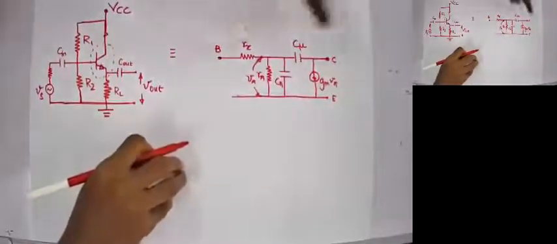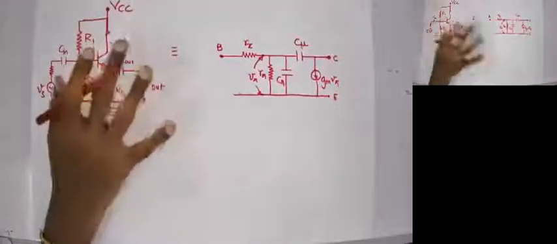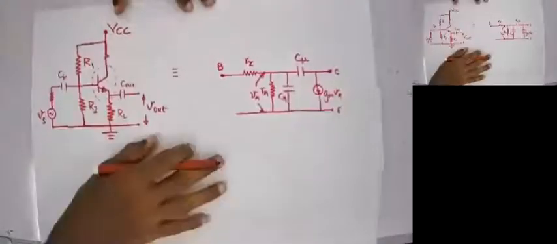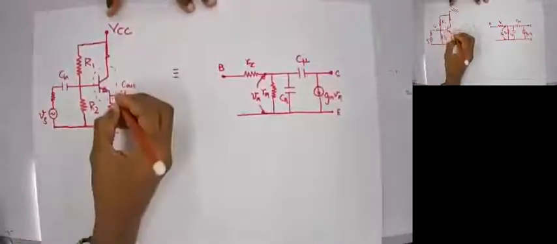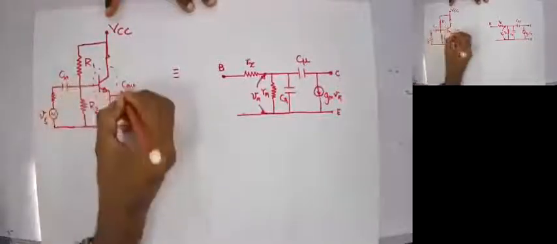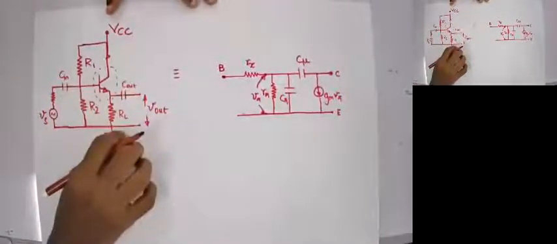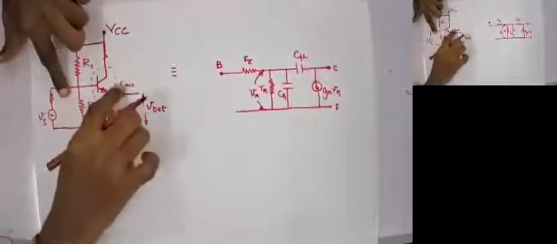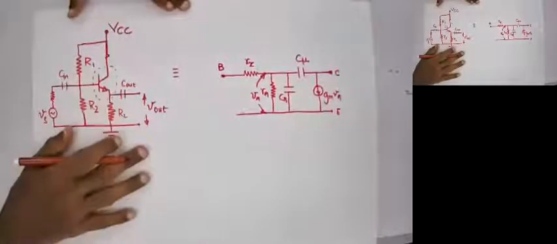So emitter, collector, base. Right now, to draw the hybrid equivalent circuit, the first thing we have to do is short circuit all the capacitors. So this can be short circuited, and this one can also be short circuited, so those two capacitors will be removed from the circuit.